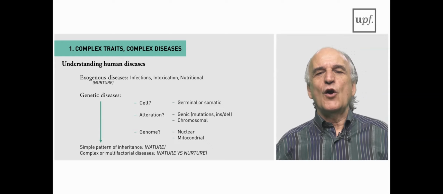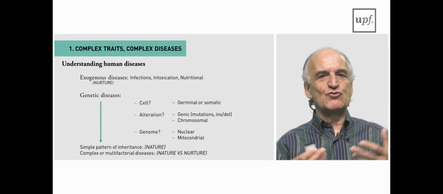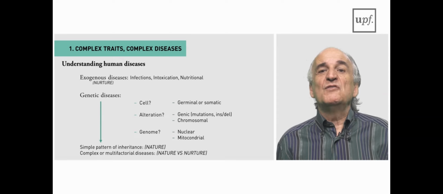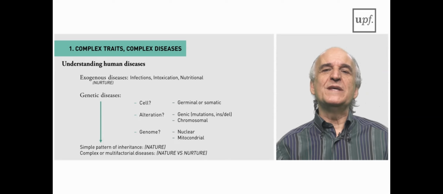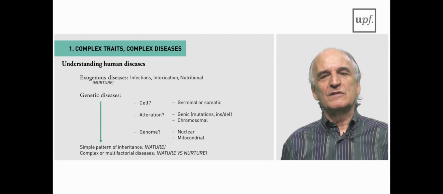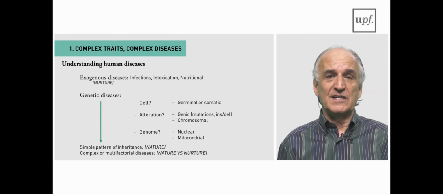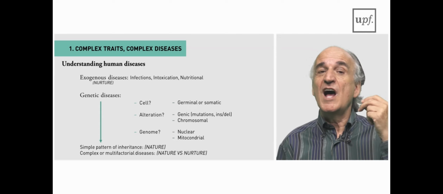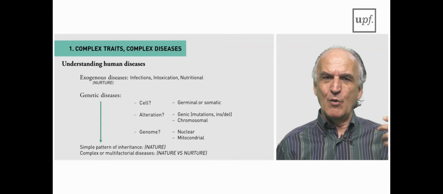We can think of many cases of diseases or traits, and we see that they run in families, they have to be inherited in a certain way, but they do not follow a single model of inheritance that would follow the molecular view of our genome.